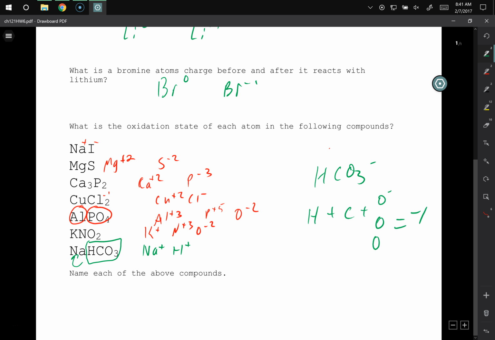All this has to equal -1. So -2, -2, -2. Now it's really obvious that the hydrogen is a +1 because it's with carbon and oxygen, and those are nonmetals. And so then what's my carbon's charge got to be? Is it +4? Yep. So 1 here, 4 here, 6 here leaves me with a -1 left over. So carbon is +4 and oxygen is -2.